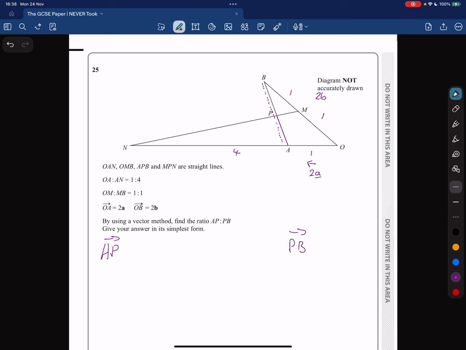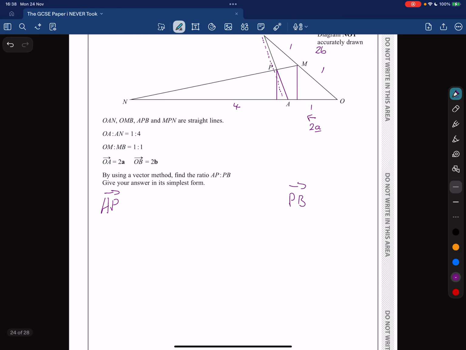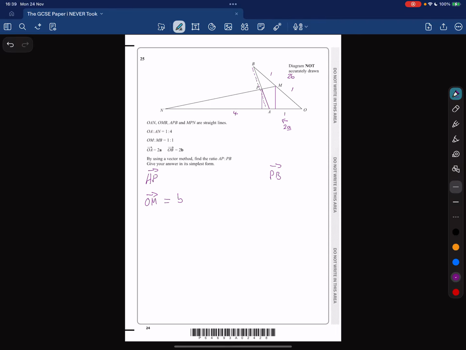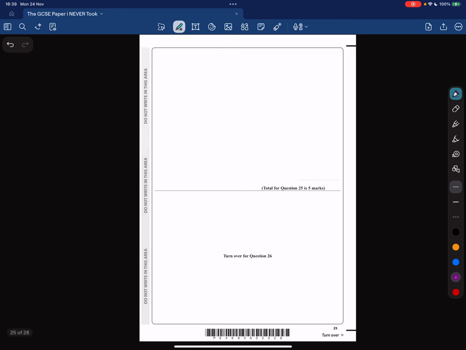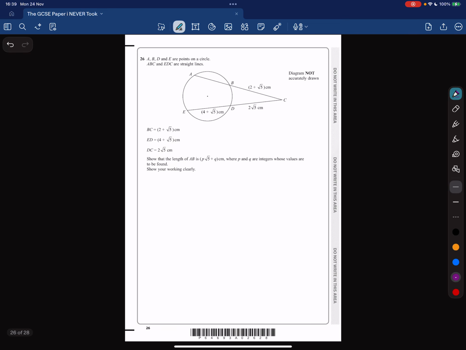They're similar triangles. Because essentially what we do is we go O to M. O to M is equal to B, right? This one might leave me stumped, to be completely honest with you. I might move on and come back to this one.